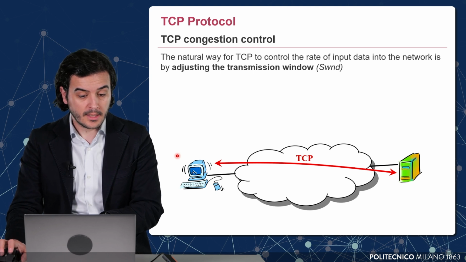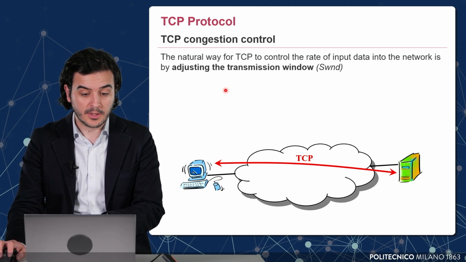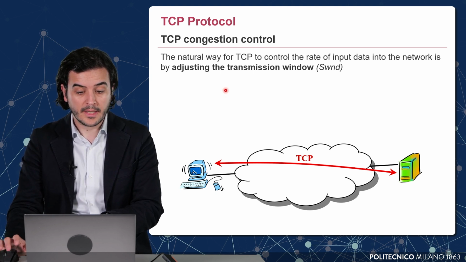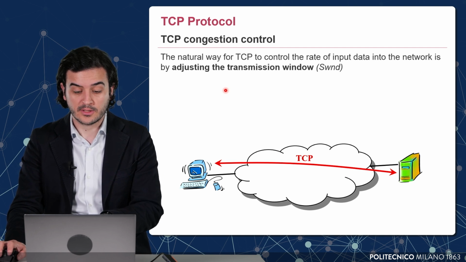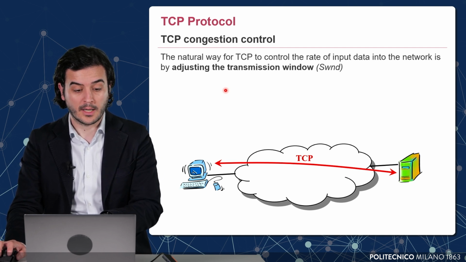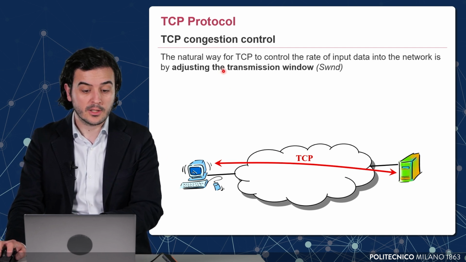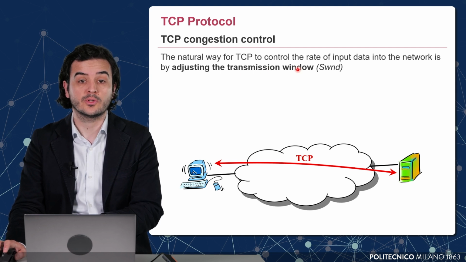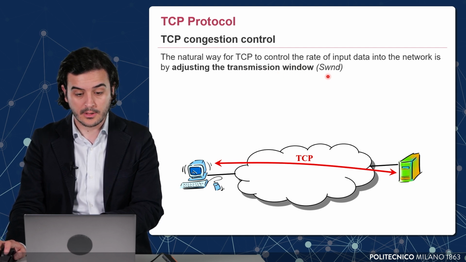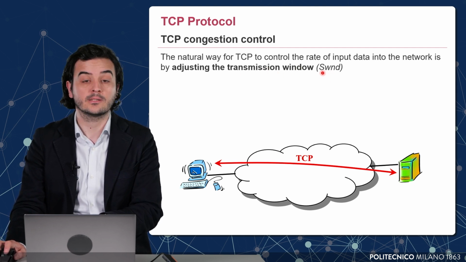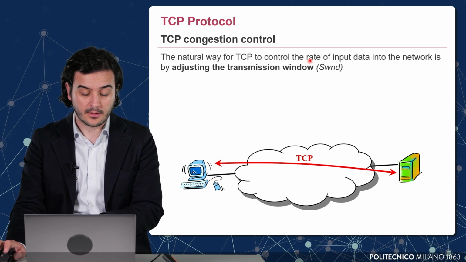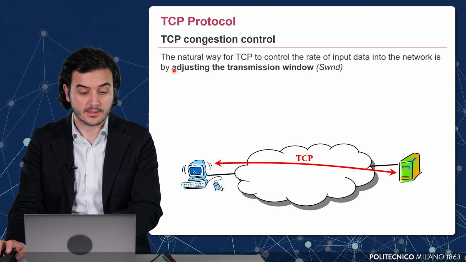The natural way for TCP to control the rate at which data is transmitted into the network by the transmitter is by adjusting what is known as the transmission window. We will denote this transmission window as SWND.